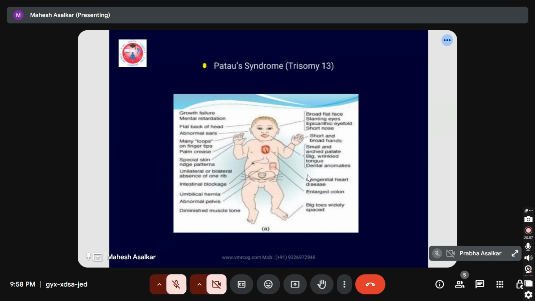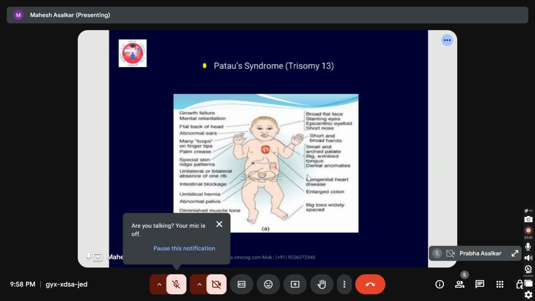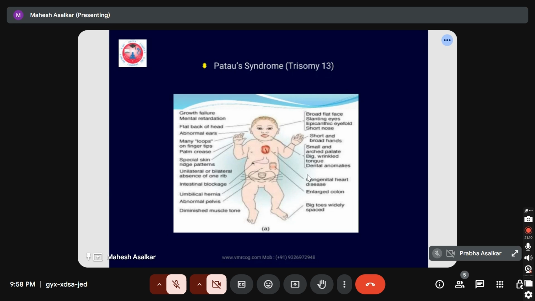Again, it has got a broad flat face, slanting eyes, epicanthic eye fold, short nose, short and broad hands. Small and arched palate, big wrinkled tongue, dental abnormalities, congenital heart disease, enlarged colon, big toes, widely spaced toes. This is particular to the Patau syndrome.